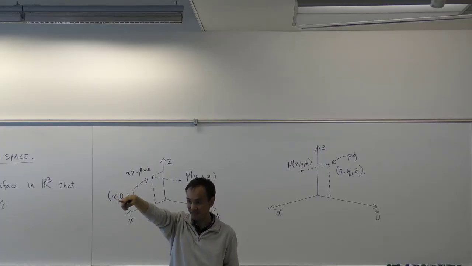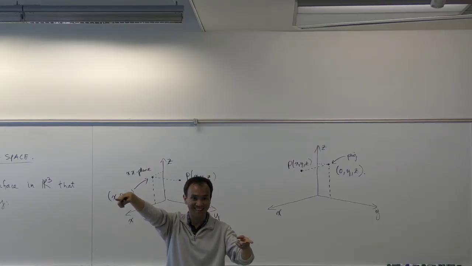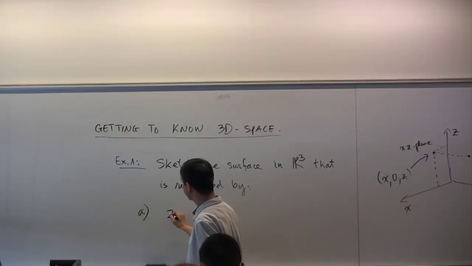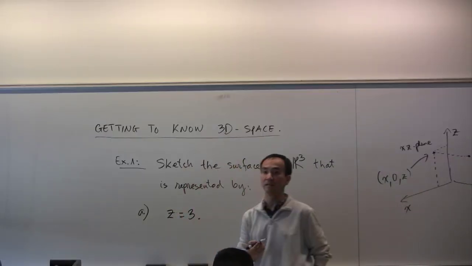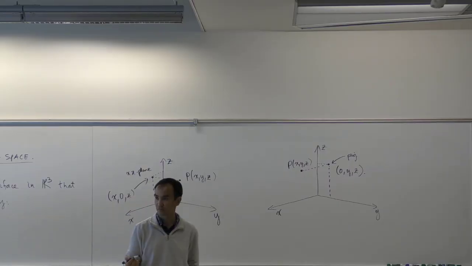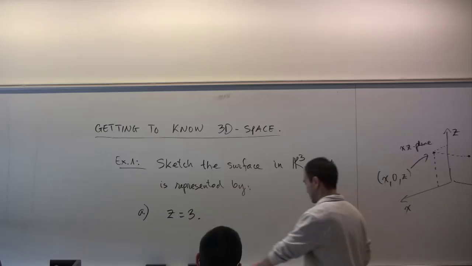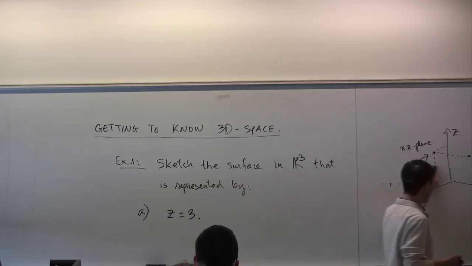Z? Okay, Z. Pick a number. 3. Z equals 3. So how do I see this in R3 space right here?